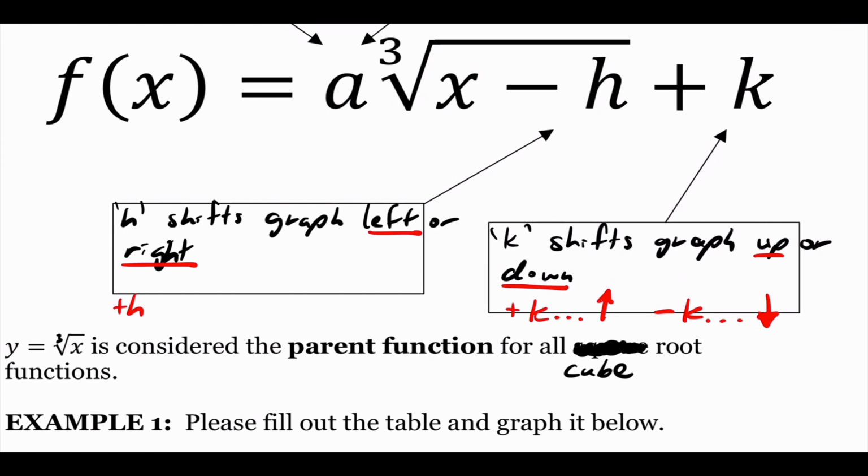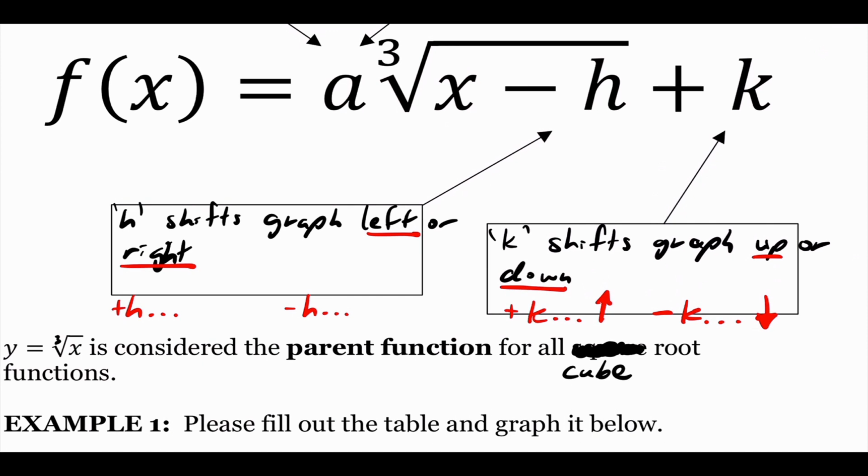So if I have a positive H or a negative H, my question is, which way is it going to shift? So I just had a positive 5. Which way did it shift, left or right? So left. Positive 5, positive numbers move left. Negative numbers move right.